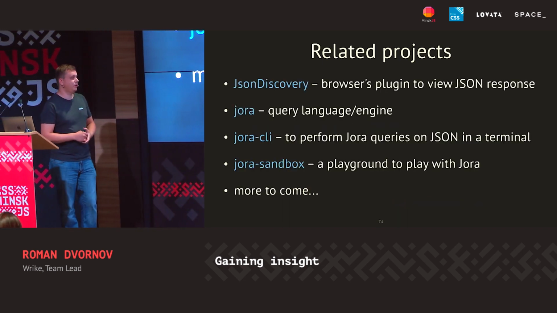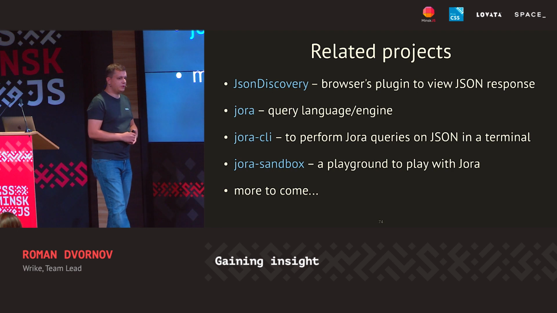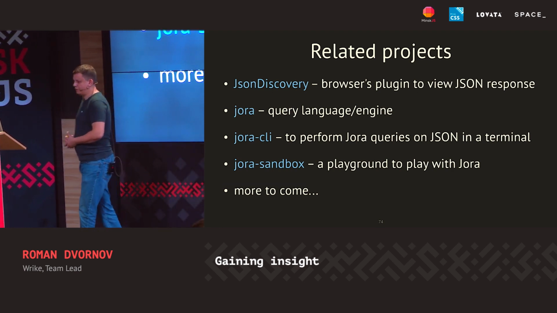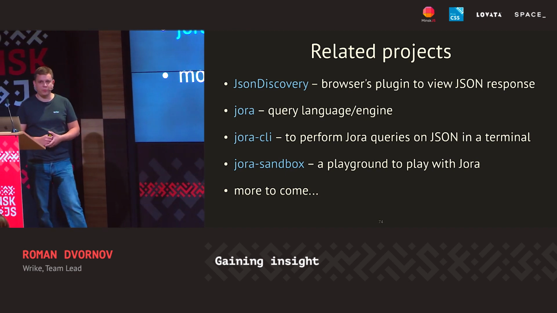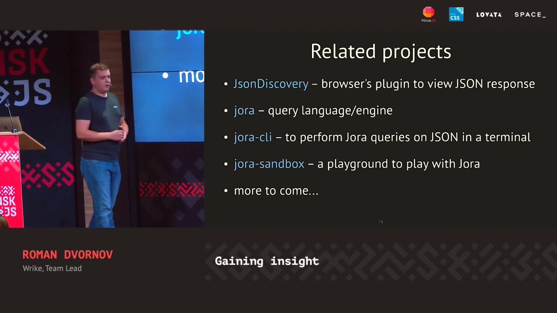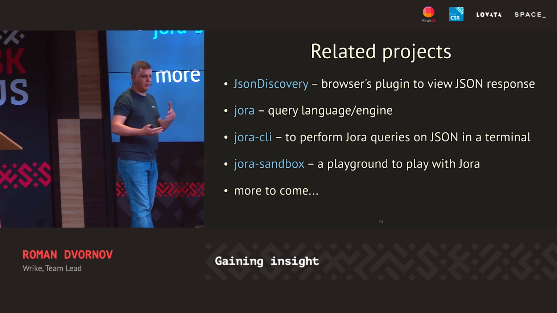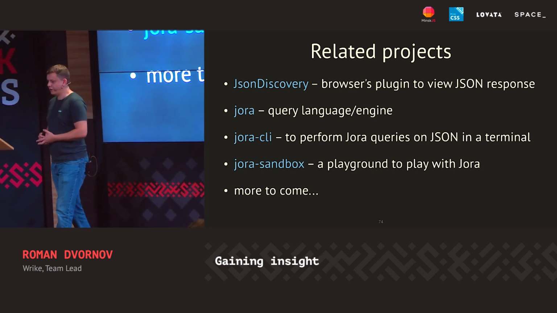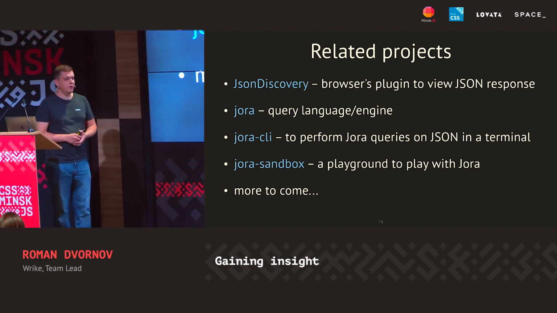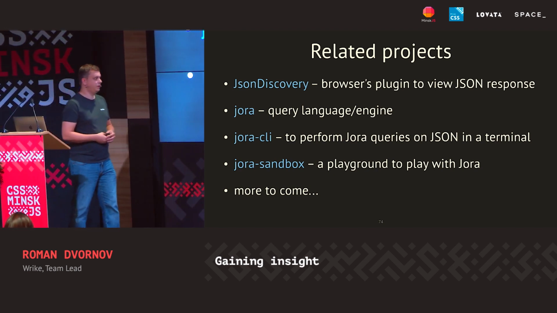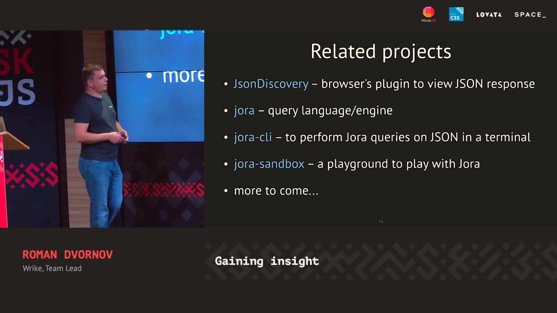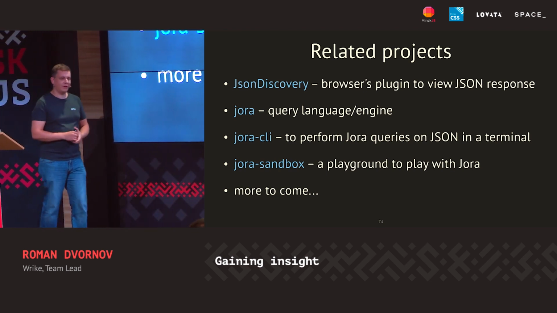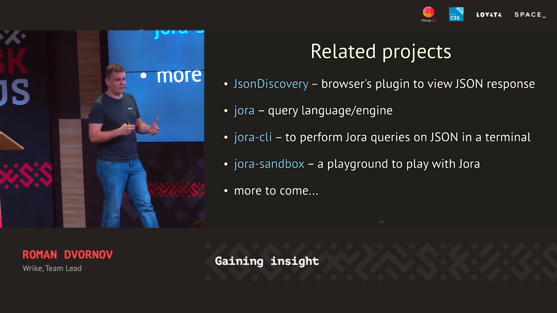And also there are many related projects. For example, JSON Discovery, a browser plugin that's available for Chrome and Firefox that shows responses from the server in the Discovery report page, so you can inspect them and make some reports. Also, Jora, a query language and query engine.